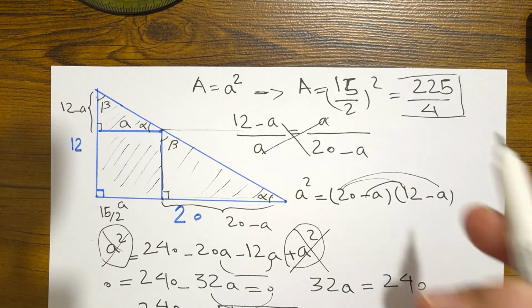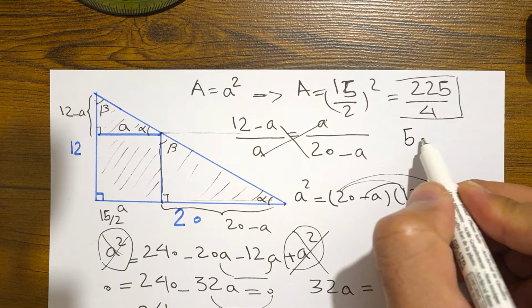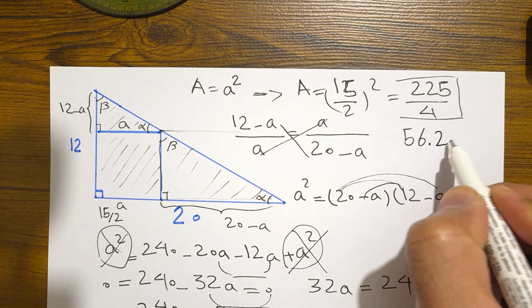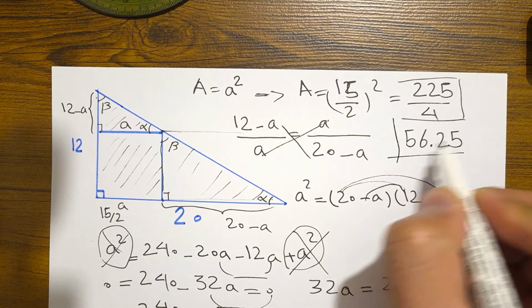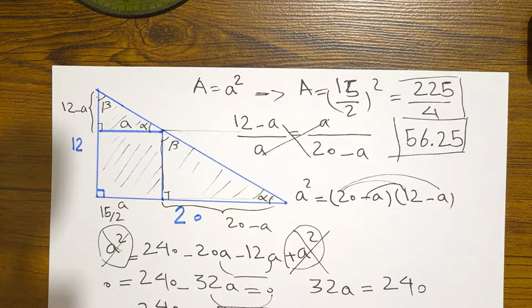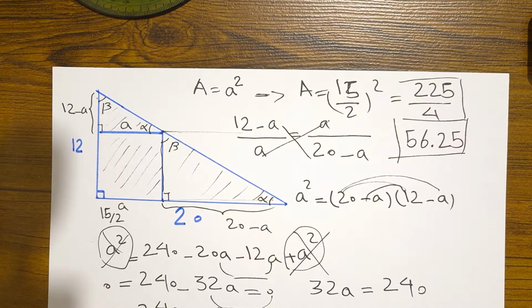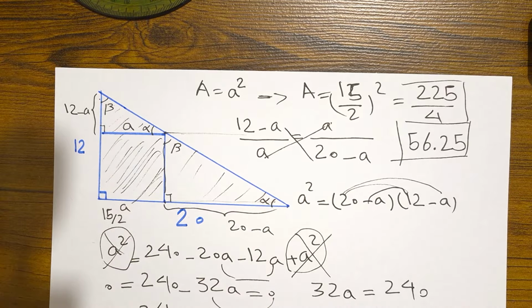That's the area of this square, 225 over 4, or in other words, 56.25. That's the final answer, 56.25, or 225 over 4. That's the area of this square that is trapped here inside this right triangle.